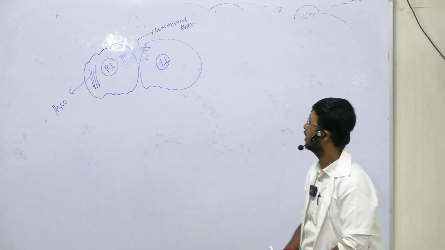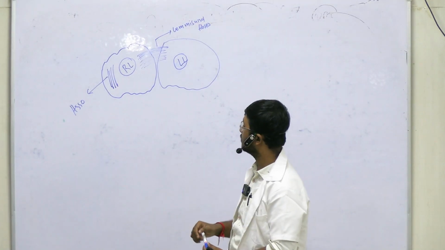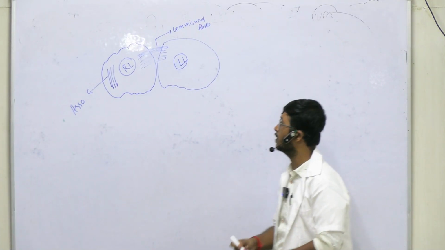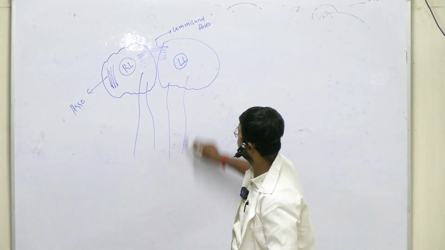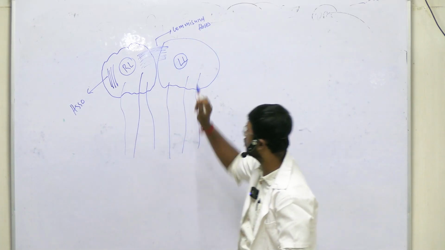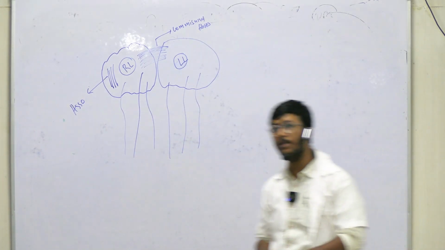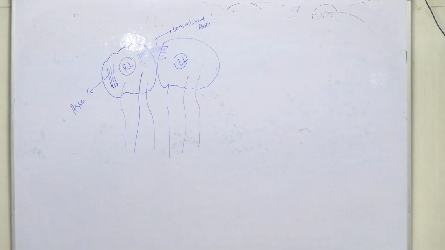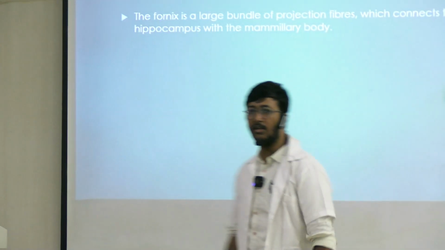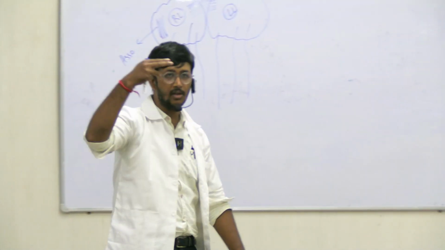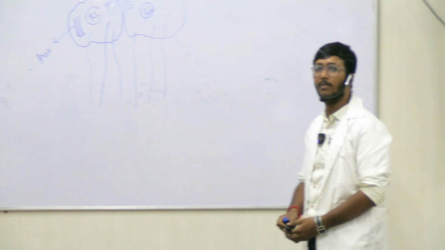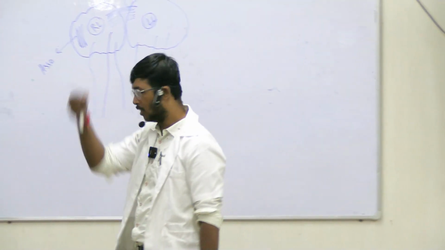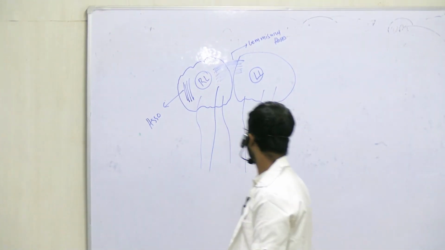And there is another type of fiber, the projection type of fibers, which give fibers to your spinal cord, such as your spinothalamic tract, your corticospinal tract, corticobulbar tract, then retrolenticular fibers, then dorsal column. So these will be your projection fibers, that is, projecting from your brain to the spinal cord.